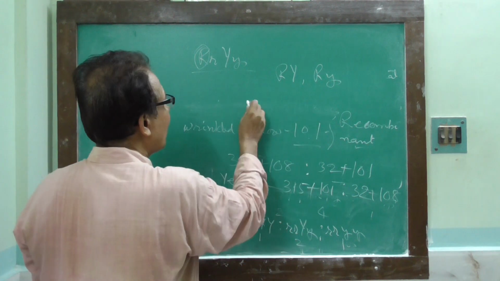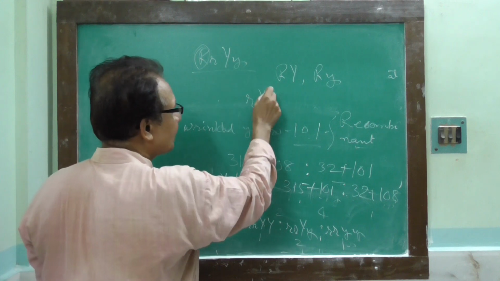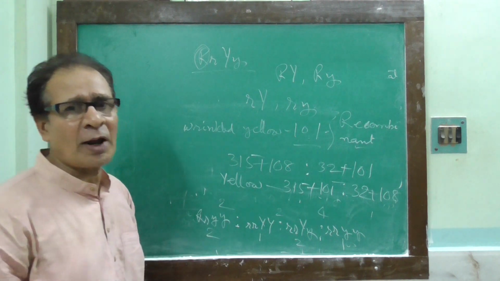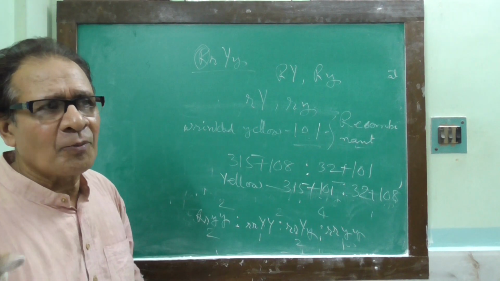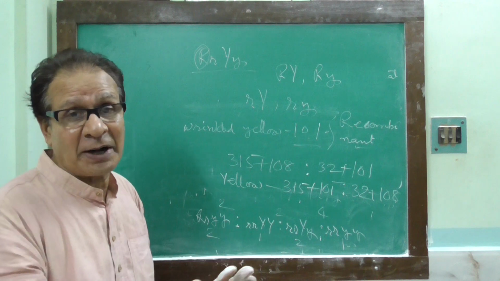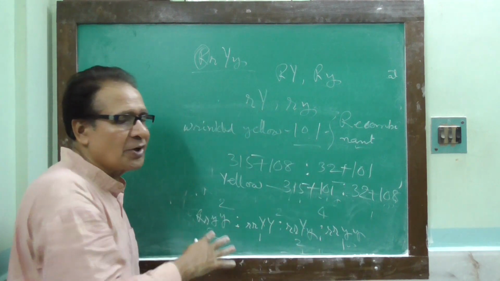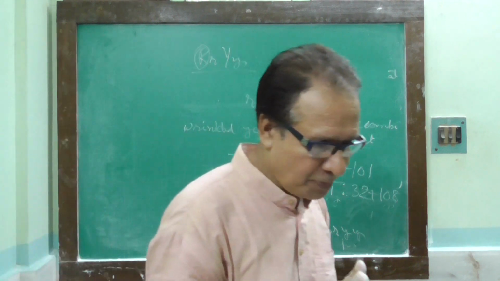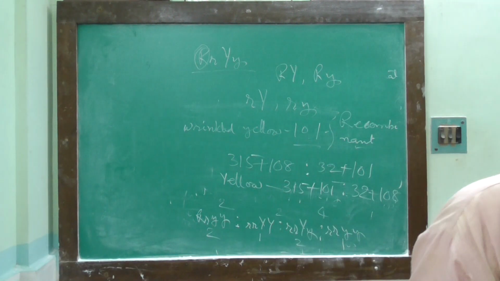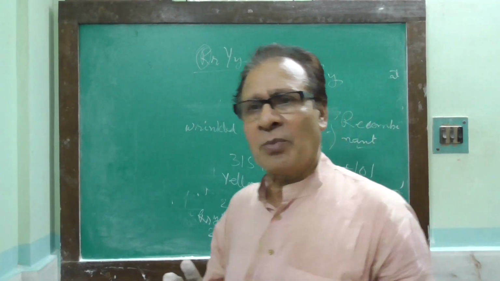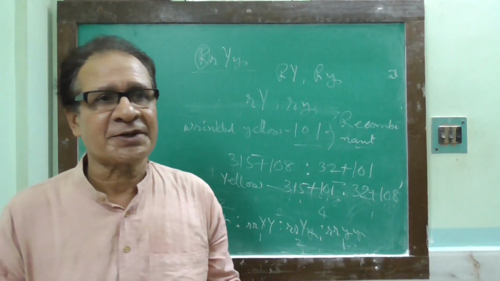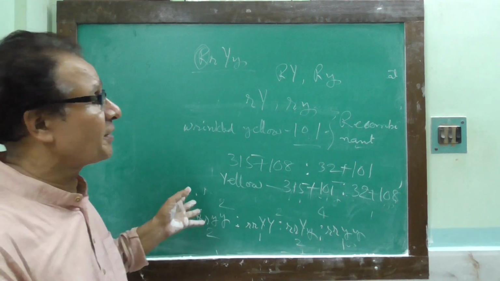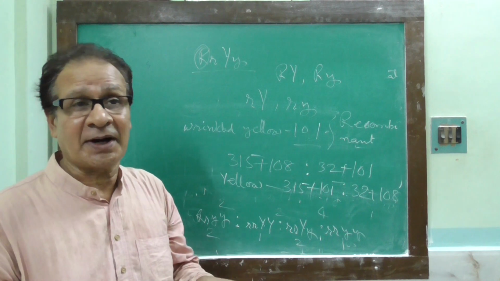Similarly, small r combines with either capital Y or small y. So two types of gamete, total 4 types of gamete, and 4 into 4 due to random fertilization, such combinations are formed. And from this experiment he concluded that the dihybrid cross is nothing but two monohybrid crosses, and here he also found that one character never influences the other characters.